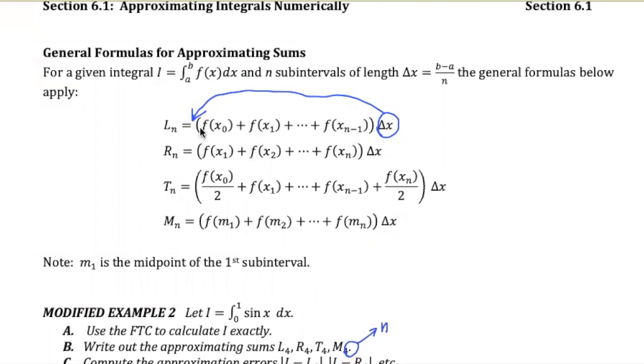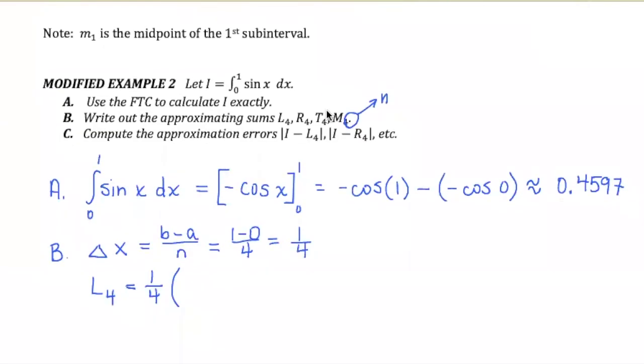But now I'm supposed to use my first endpoint, my second endpoint, my third, and so forth. I find it's helpful to at least draw a little number line out and think about it. I'm integrating from 0 to 1. The width of every rectangle is 1/4. So I've divided my segment into 4 pieces, and I can see that the values are 1/4, 1/2, and 3/4.